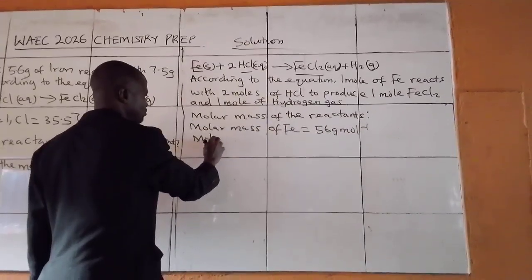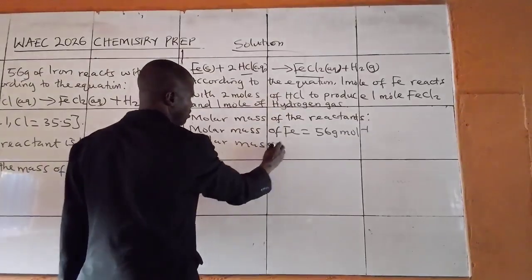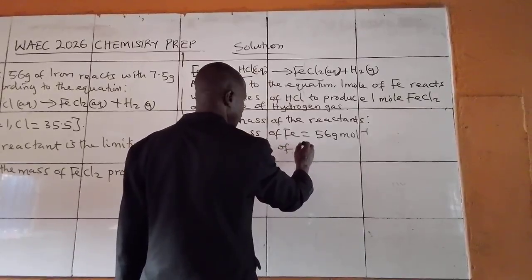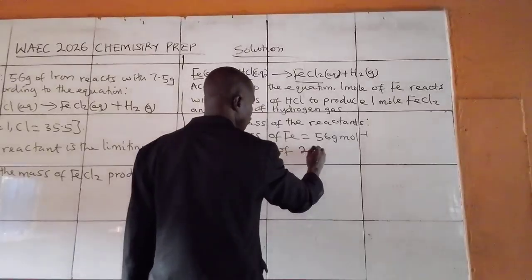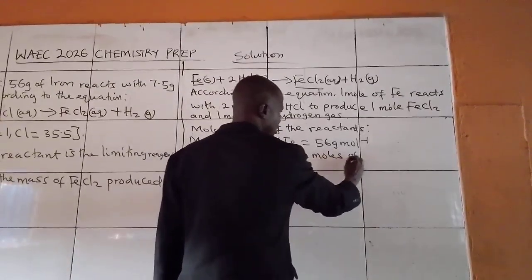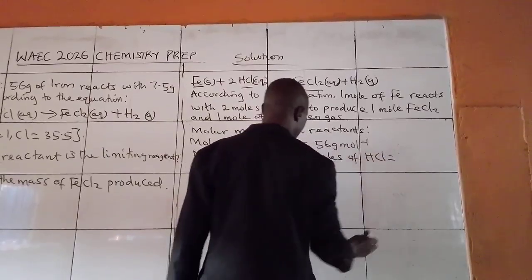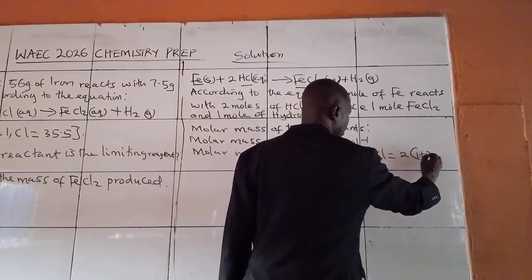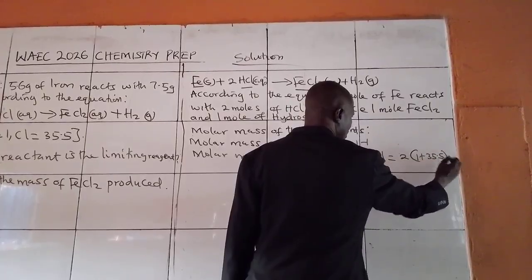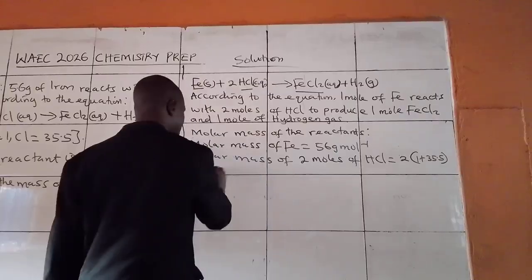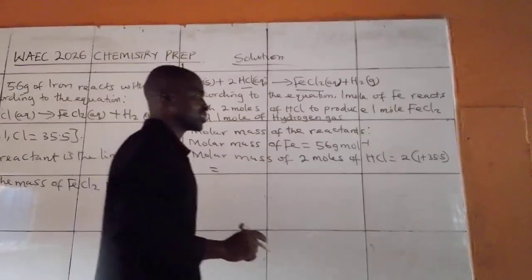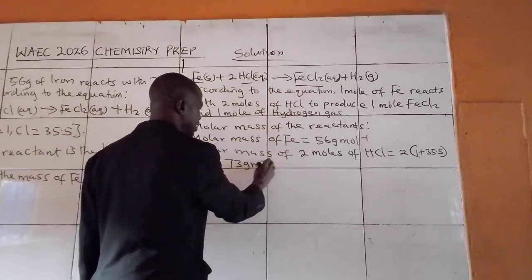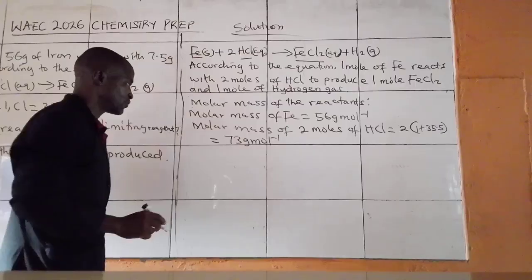Molar mass of 2 moles of HCl is equal to 2 times (1 plus 35.5), which is equal to 36.5 times 2, which is equal to 73 gram per mole.